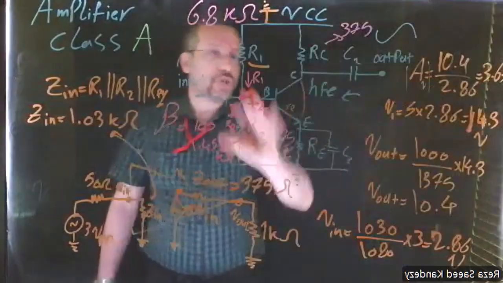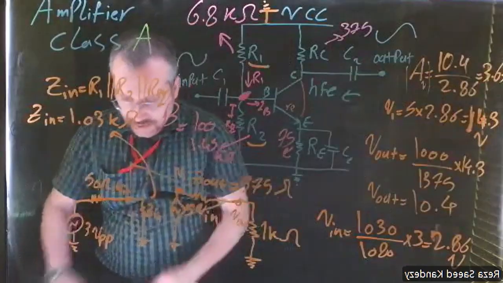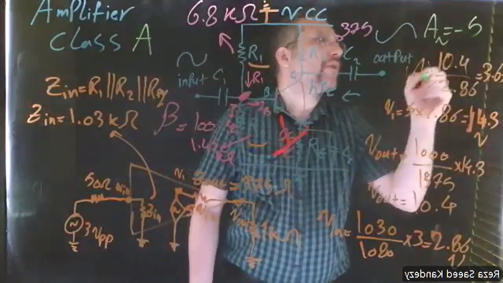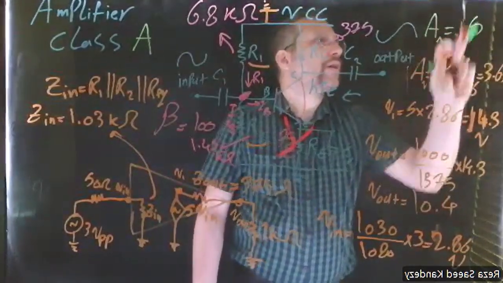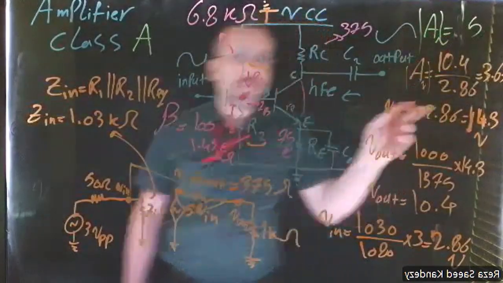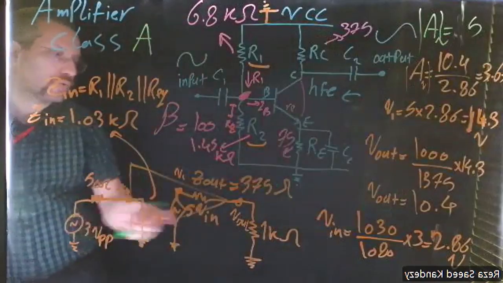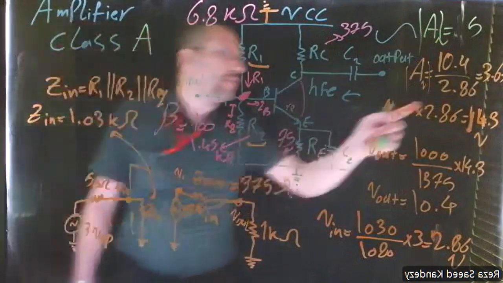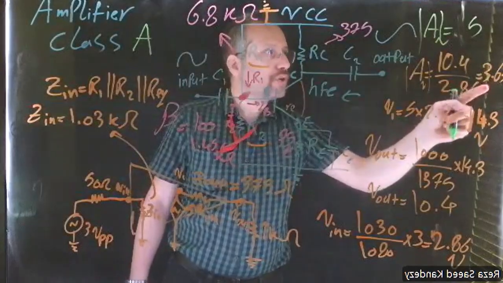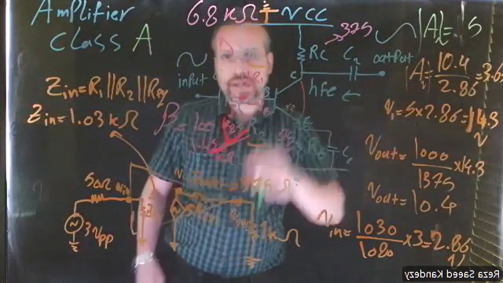Okay, now look at what happened. When we designed the whole thing, the theoretical gain that we designed, AV, was -5. Let's only talk about the amplitude. So the amplitude of the AV was 5. But when we design the whole system and we add a specific input and a load here, we see that our gain has deviated and we get 3.63 as the gain of our circuit.